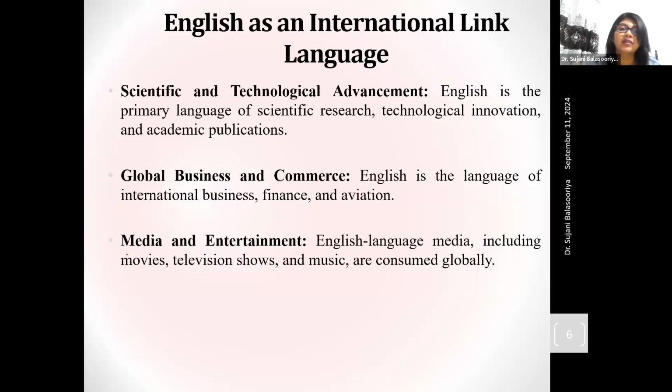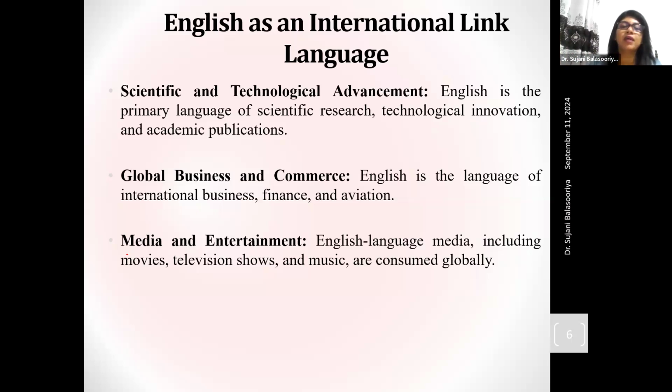Otherwise, people from other countries will not understand, right? You can't publish your research paper in Sinhala or Tamil, right? No journal will accept your research paper. The one basic condition of these journals is that you should write your research paper or article in English.